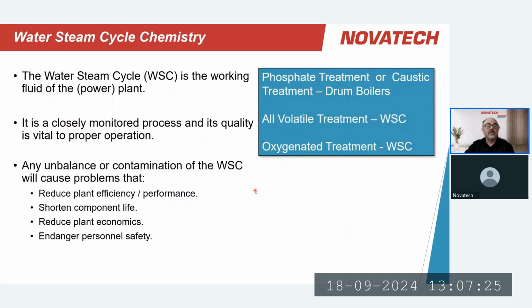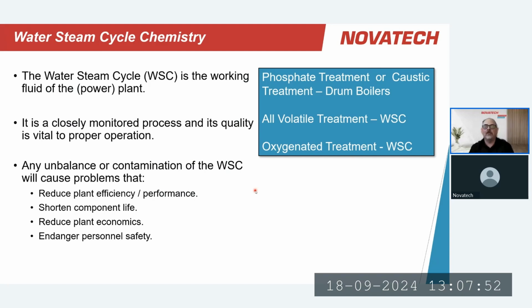So when we talk about this, the water steam cycle, we really are talking about the chemistry that's involved. And you might think it's just water. What's the big deal? It is just water, but in order to ensure that we have the best possible conditions within the process, we want to make sure that the water is of the greatest possible purity and in certain conditions that mitigate some of the circumstances that I talked about earlier.